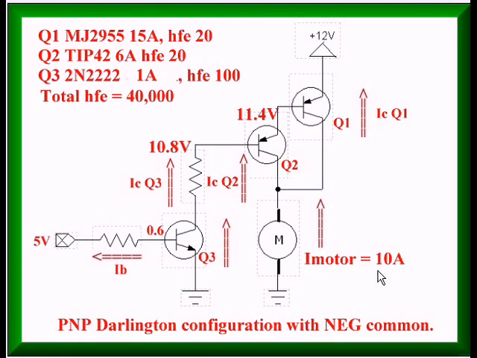What's 10 amps divided by 40? Well, 400. It's a small amount. This is probably about 330 ohms. This over here is about 2.2K. Should get you running. Should turn your motor all the way on.